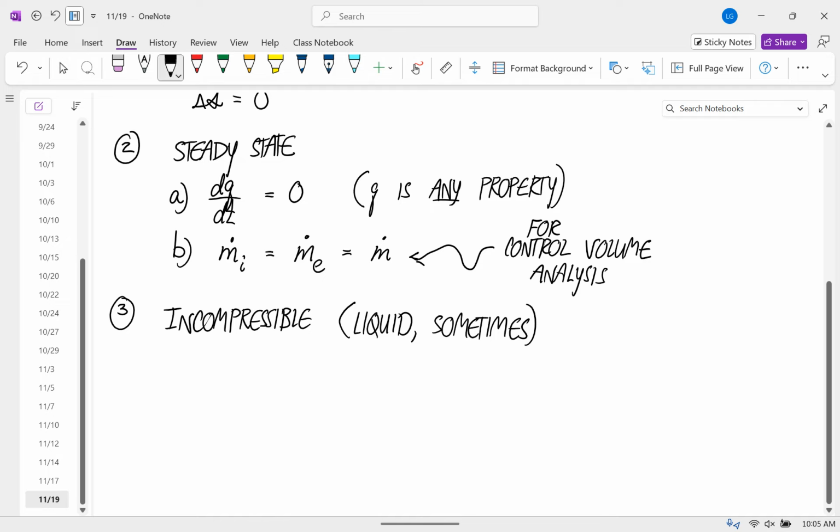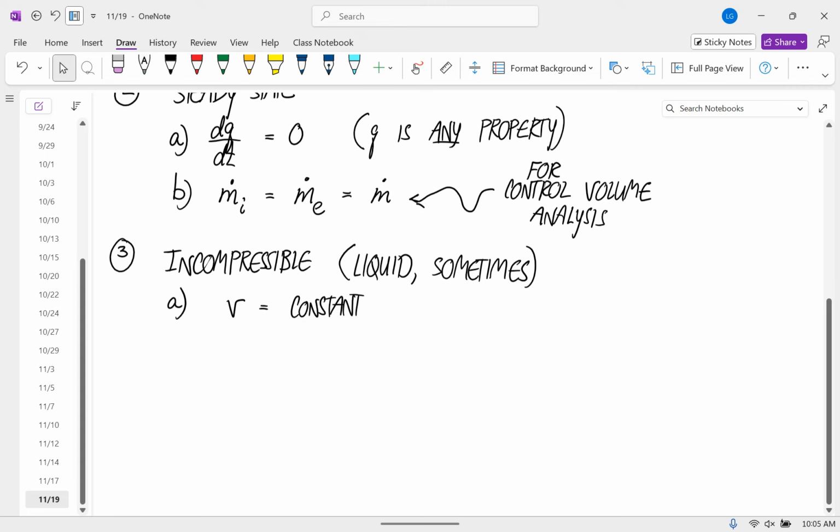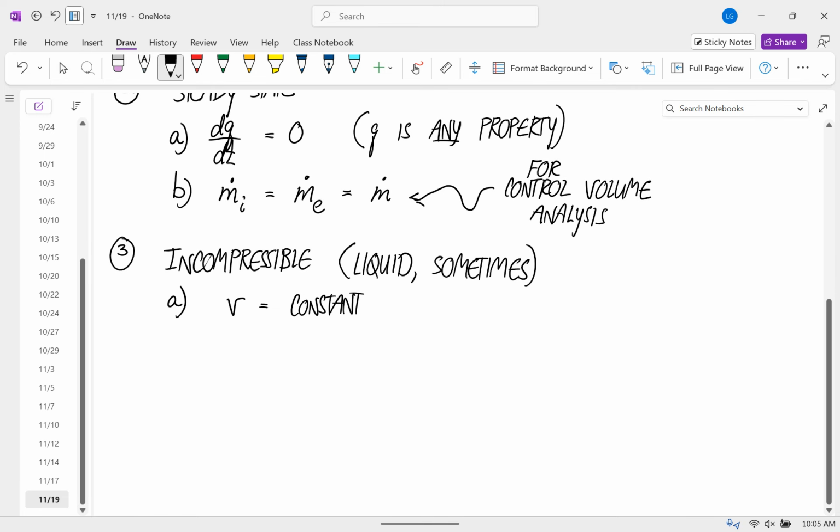You can think of the definition of incompressible as the specific volume being constant. I didn't put that in my list of properties here, but that's also a property, by the way. And the specific volume being constant is the same as saying the density is constant. So either one of these is true.